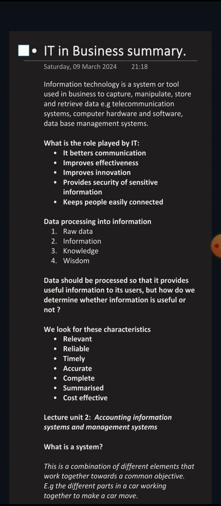So what we are saying is that when we say the term IT, especially in a business context, we are basically saying that this is a tool or a system that a specific business is going to use in order to collect the data, analyze the data, store the data, and be able to retrieve the data whenever it needs it, right? So we could look at examples such as telecommunication systems.